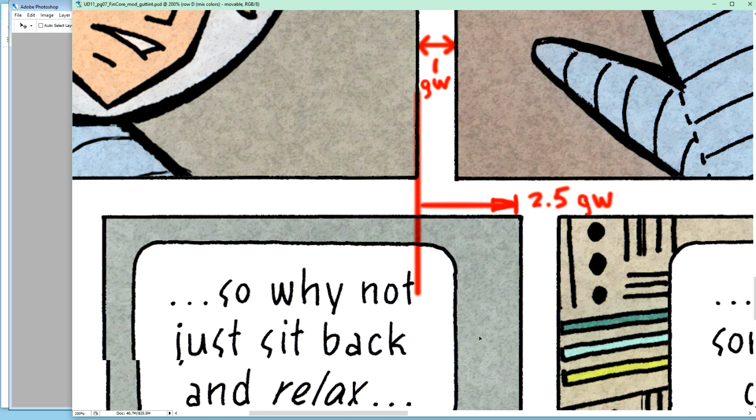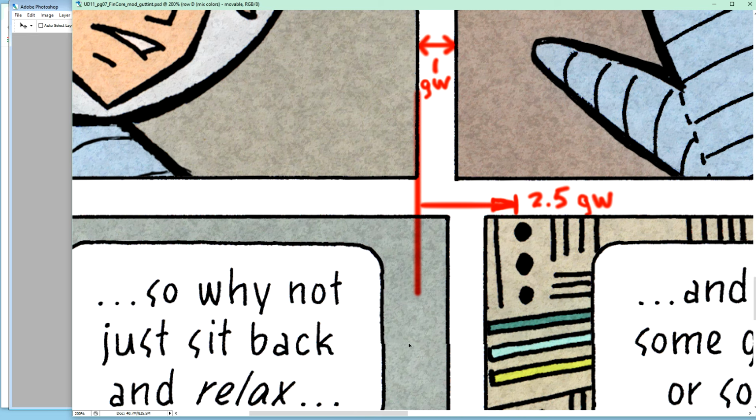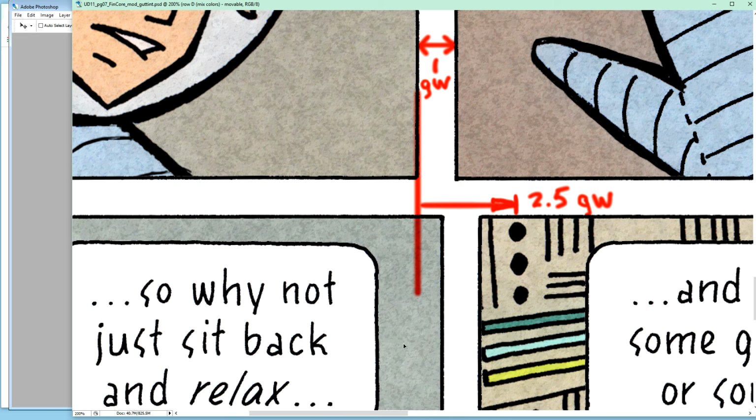So we must come away from these designs here, where it looks like a mistake.